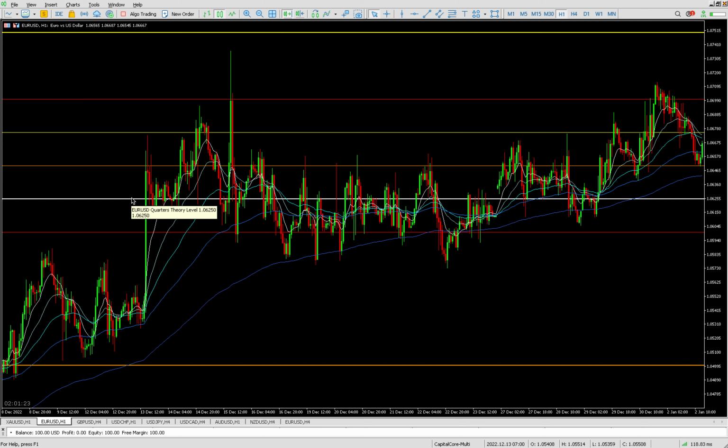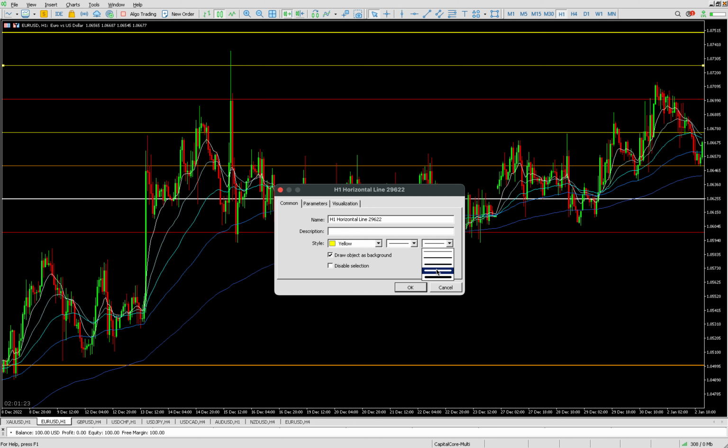Now, remember, I just showed you the 10,000 levels. That's the reason why this is a different color than this. You see, the white is thicker. So the 100,000 level is the thickest, and you can make different thicknesses here.